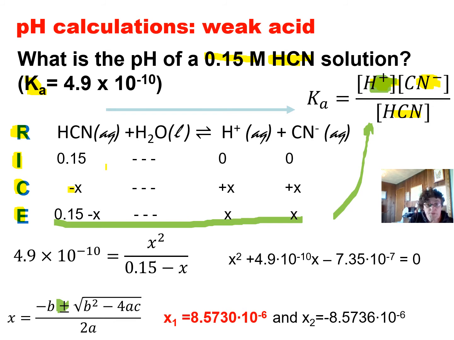We know for a fact that X is a positive number. If we take the negative solution, this would become minus 8, whatever, so it would become positive. That would mean that the HCN is going up, like we are creating HCN out of nowhere, so that just doesn't make sense. So we're going to eliminate the negative solution.